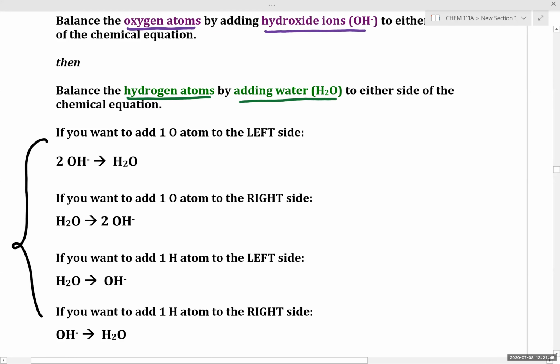So I have the following cheat sheet in terms of what to add to each side of your equation if you want to add a certain number of oxygen or hydrogen atoms to either side. I would be familiar with how this works, as this is a pretty powerful shortcut if you want to quickly adjust the number of oxygen or hydrogen atoms under basic conditions.